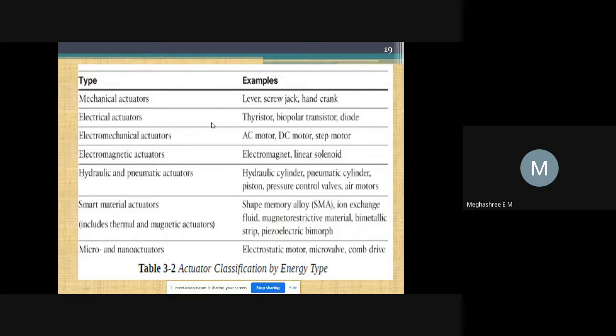You can just go through it. For mechanical actuators, you can say lever. Electrical actuators: bipolar transistor and diode. Electromechanical actuators: AC motor, DC motor, step motor. Electromagnetic: linear solenoid. The examples are given, you just go through that.